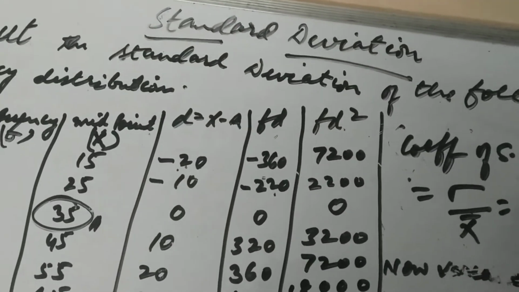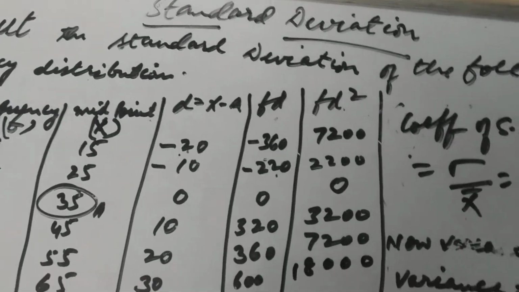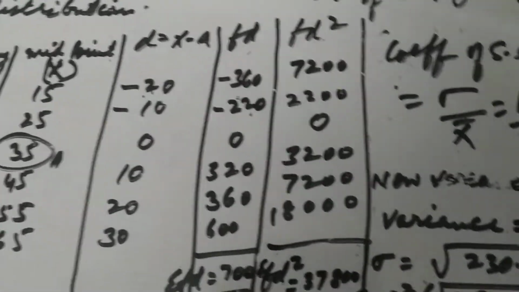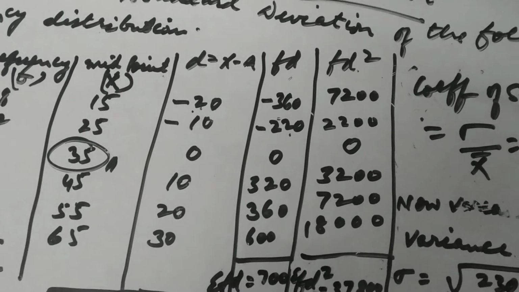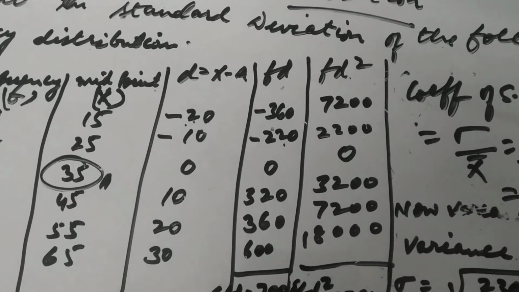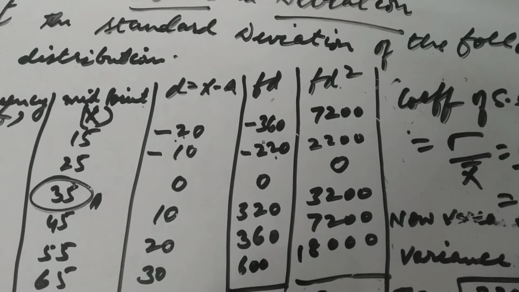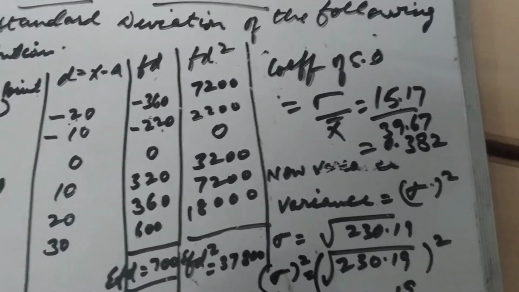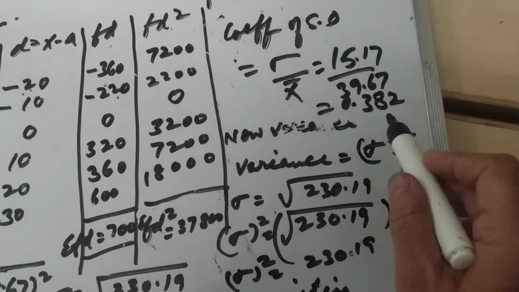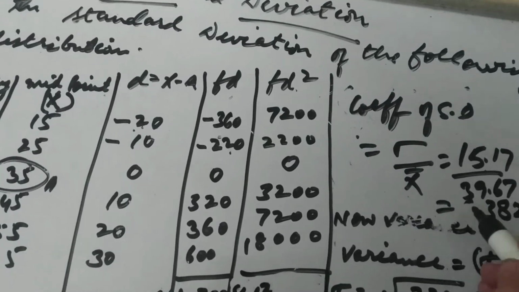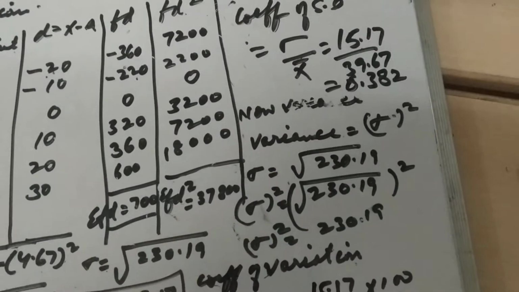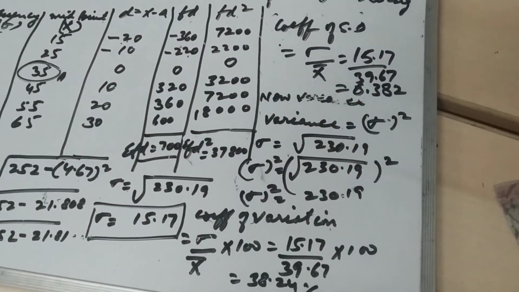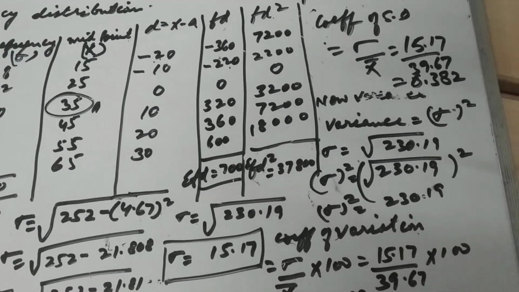So standard deviation you have got 15.17, and x bar was already there with you, 39.67. So it comes out to be 0.382, right? Maybe you are not able to see this properly, so I write it. 0.382 or 0.38. This is how you calculate coefficient of standard deviation.